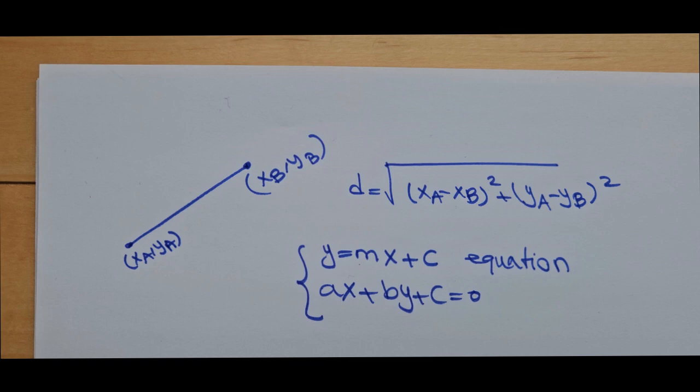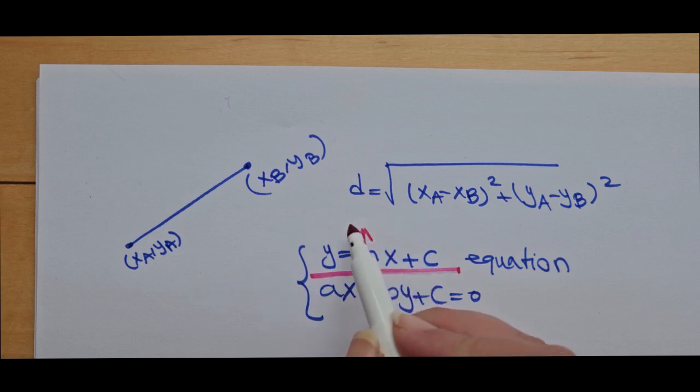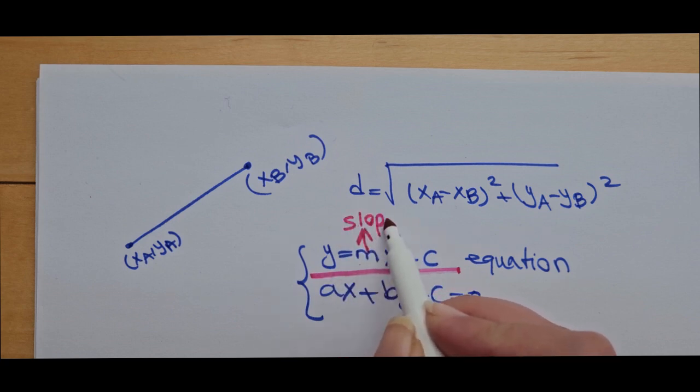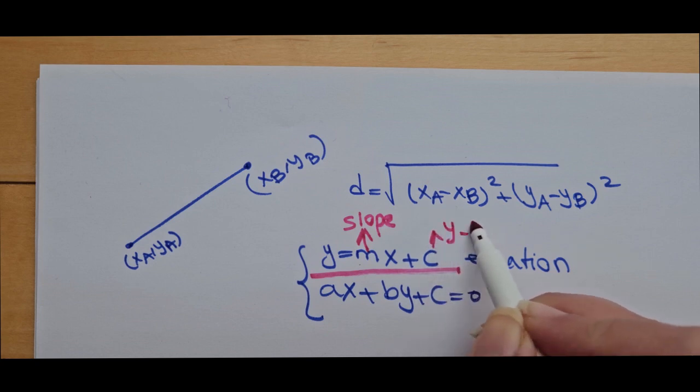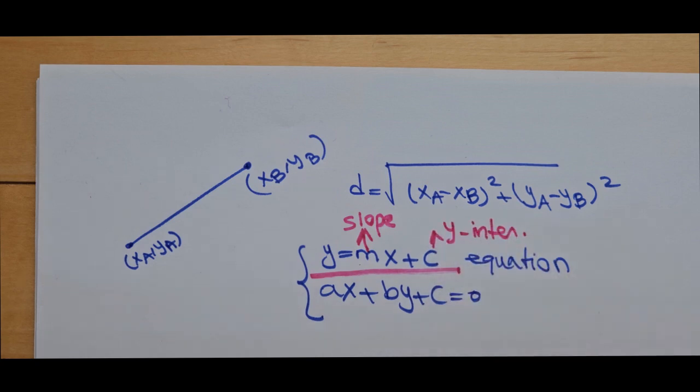But one of them is of more interest, and this is the one, because here, as you can see, if you go with this format, this would be the slope, and c or b, it depends, they call it y-intercept, okay? So here, these are the equations. This is the equation of the line, two different formats, but we prefer the top one.